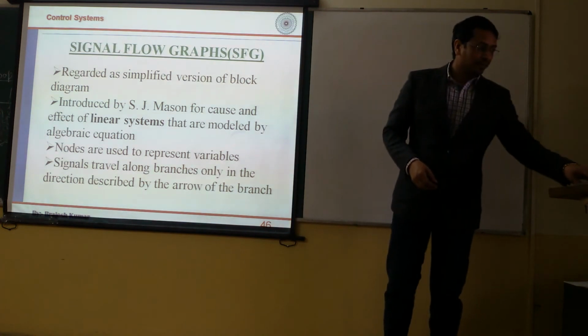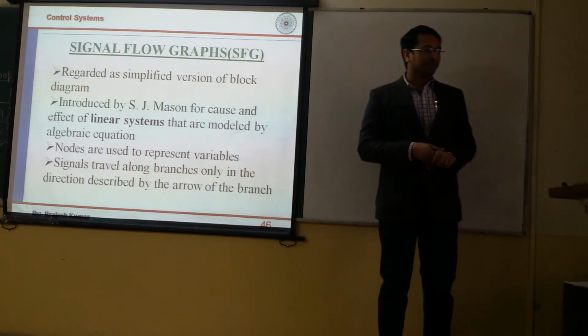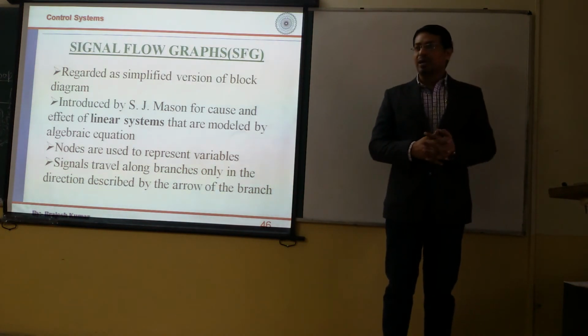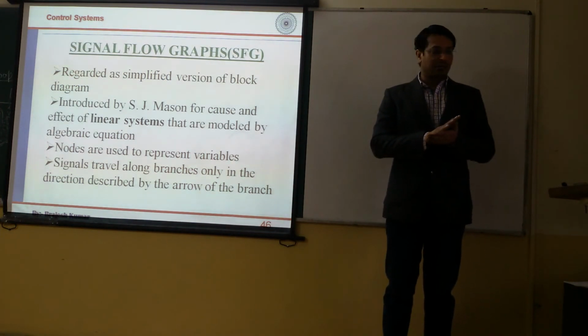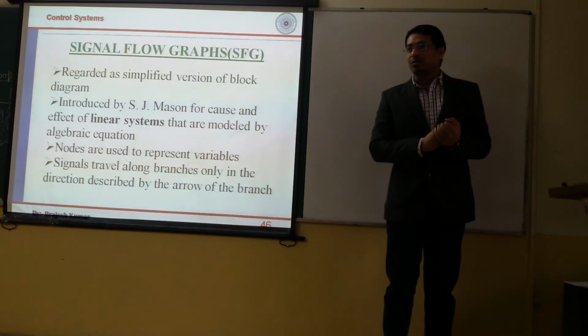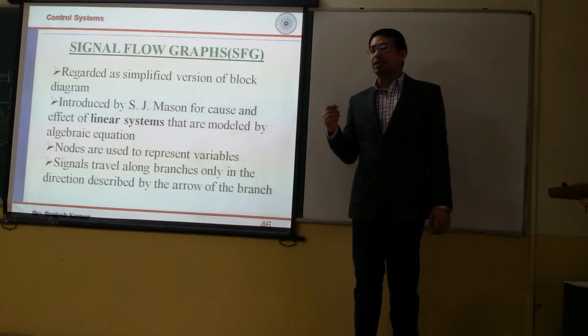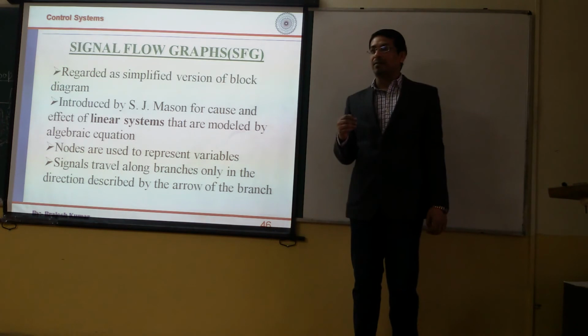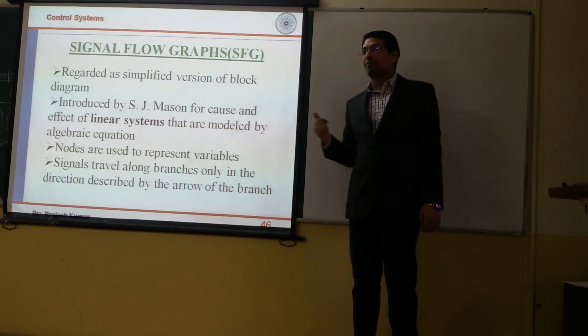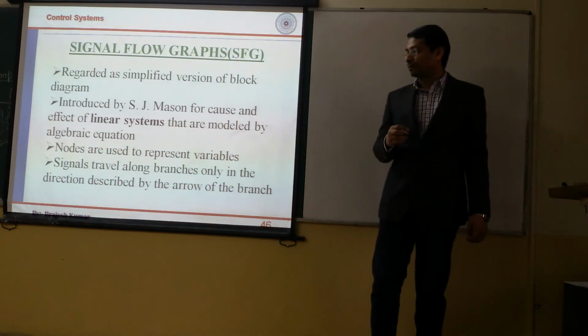This was actually the simplified version of block diagram representation, and it was introduced by S.J. Mason for cause and effect of linear systems that are modeled by algebraic equations. I want to say signal flow graphs are applicable to linear systems only, and for those linear systems which can be modeled by algebraic equations. These are not applicable for non-linear systems. So this is one of the shortcomings of signal flow graph.